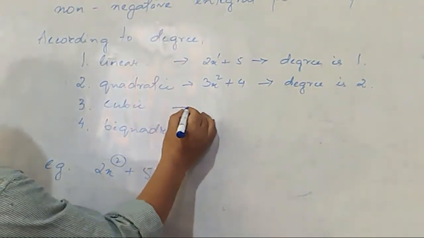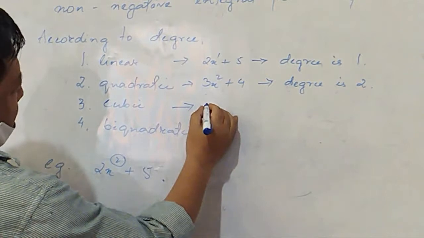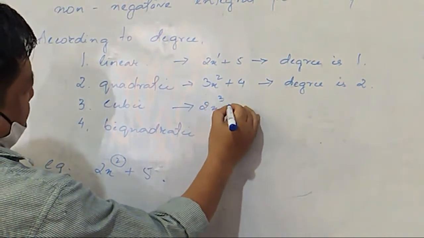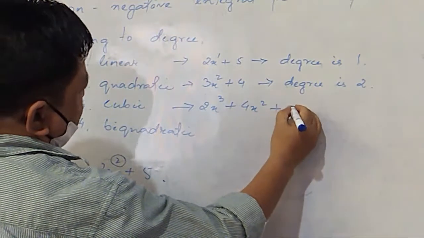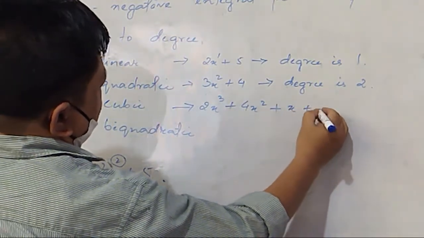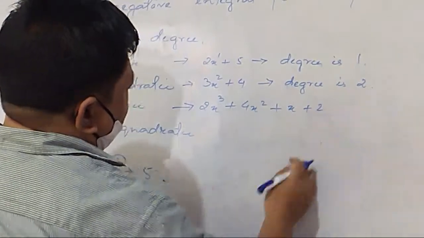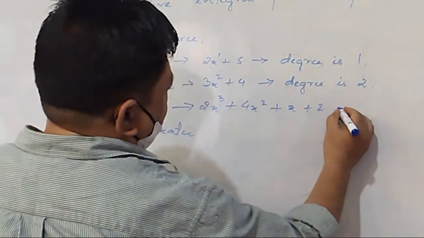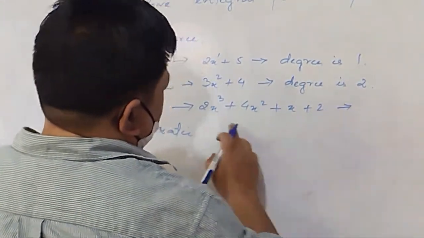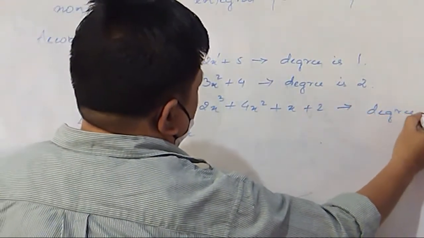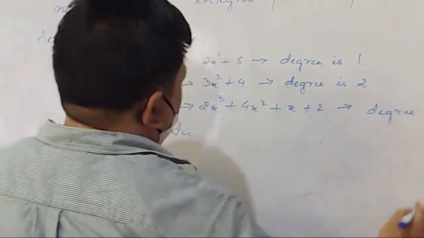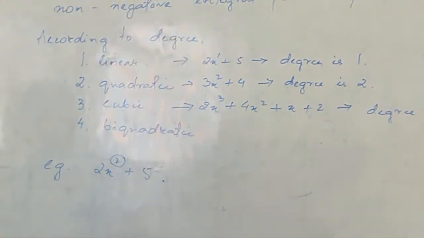And an example of cubic, 2x cube plus 4x square plus x plus 2, let's say. And the highest degree from all these terms is 3. Degree 3. This type is known as cubic.